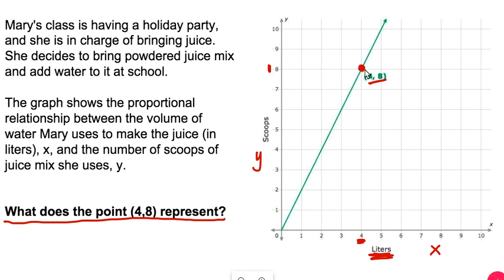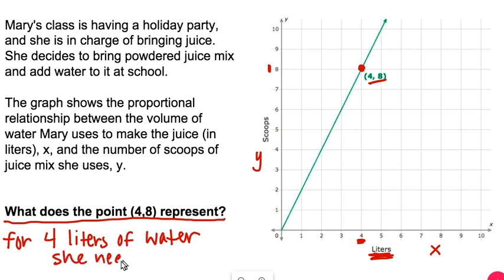This means that for 4 liters of water, she needs 8 scoops. If we look at some other points, for 0 liters of water, 0 scoops.